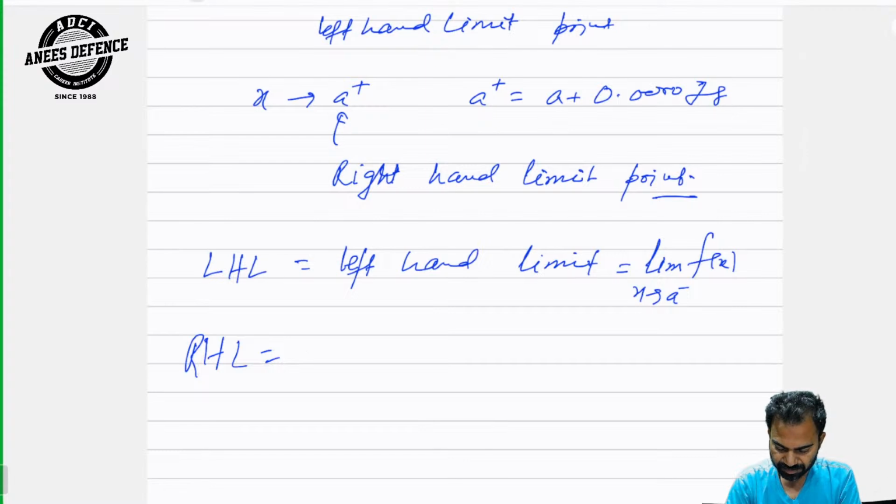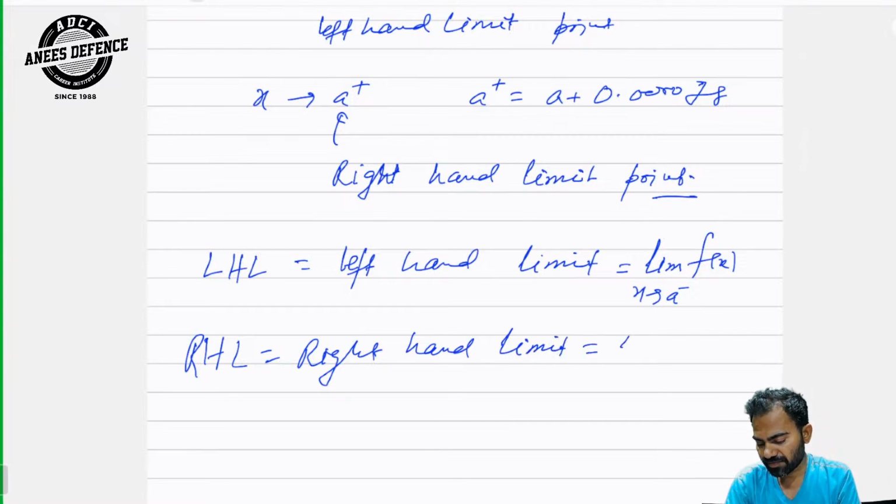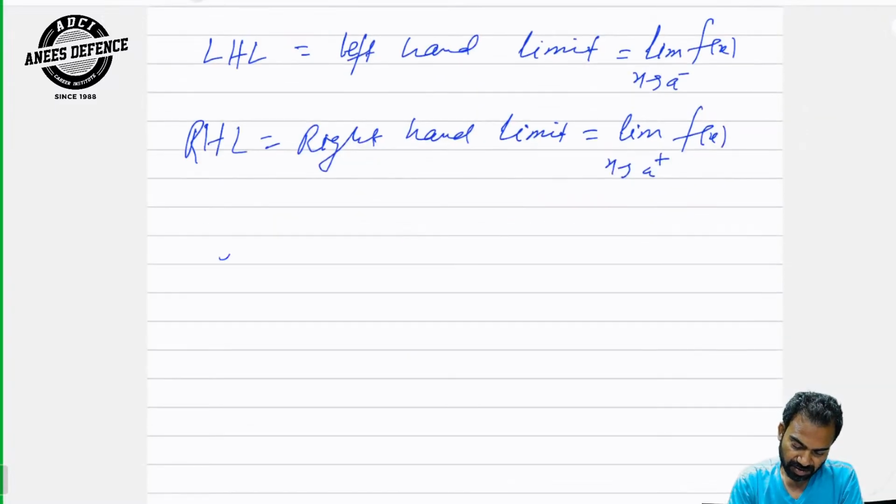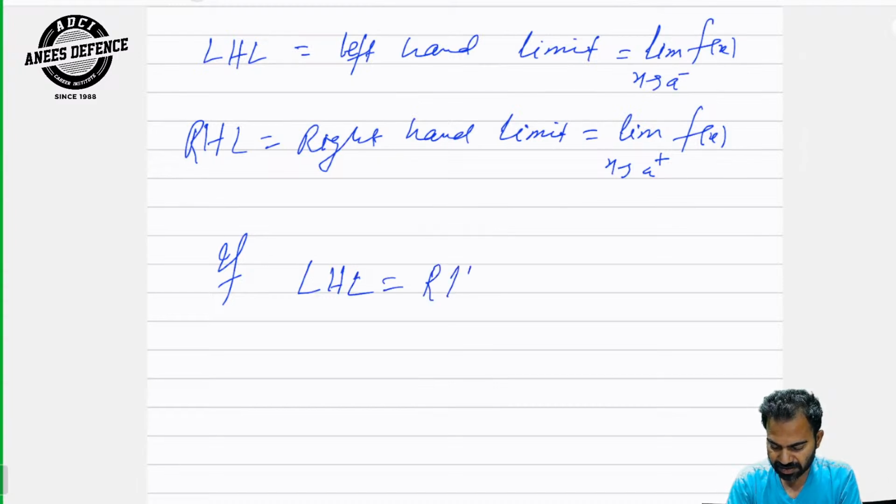RHL, right hand limit: limit x tends to A plus f of x. If LHL equals RHL equals finite, the limit exists.